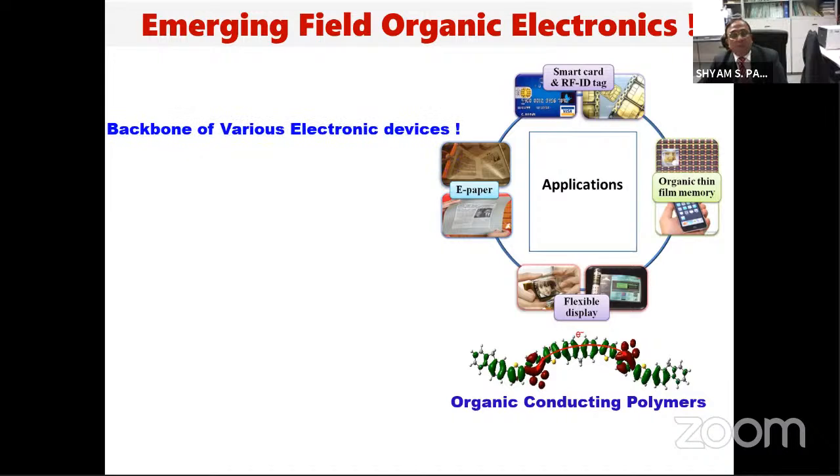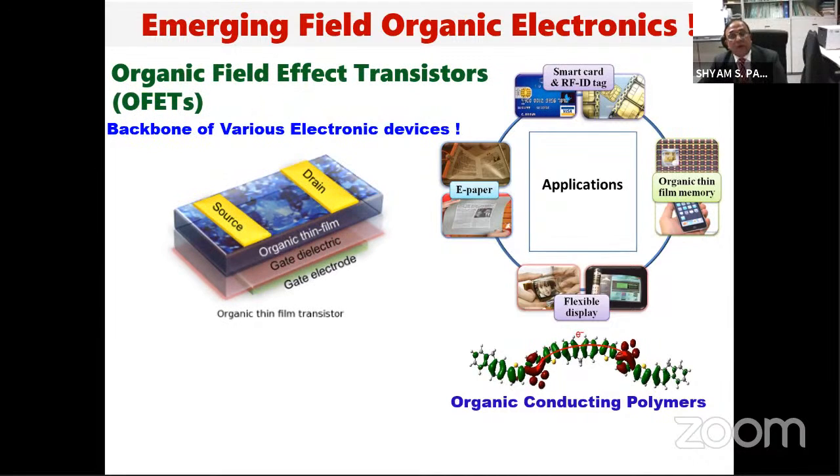We know that the backbone of various electronic devices are organic field effect transistors, working as a switch, logic gate, amplifiers, and different circuit elements. Although many device architectures exist for OFETs, in a typical bottom gate top contact device architecture of OFET, we know that a thick film is not necessary.